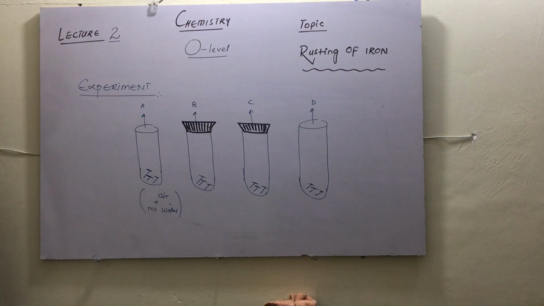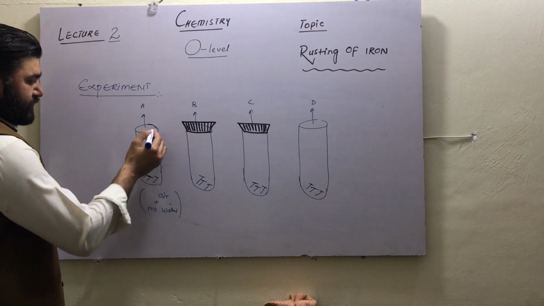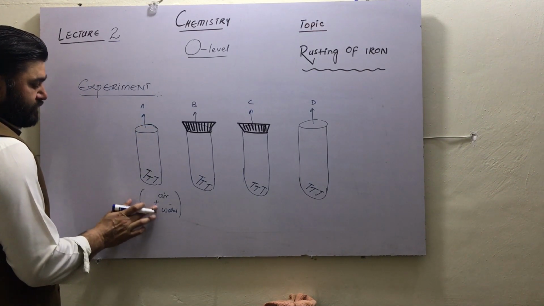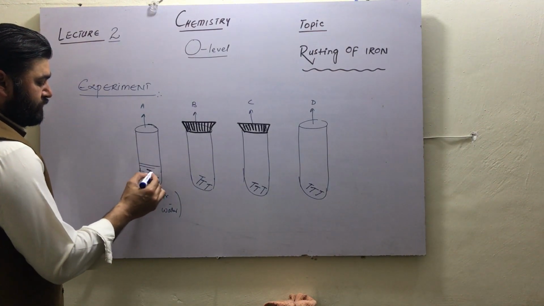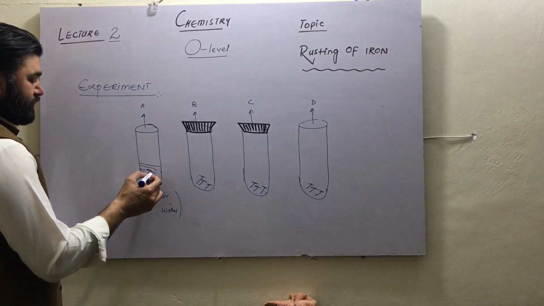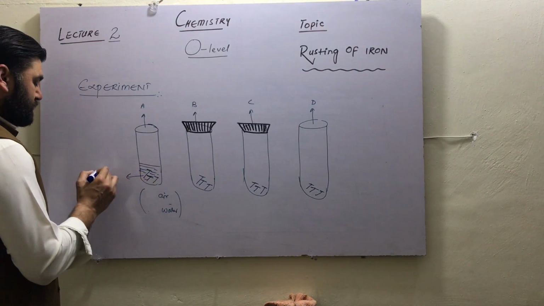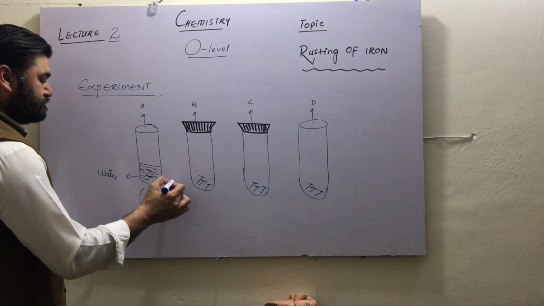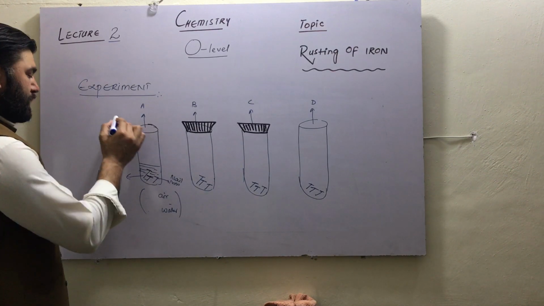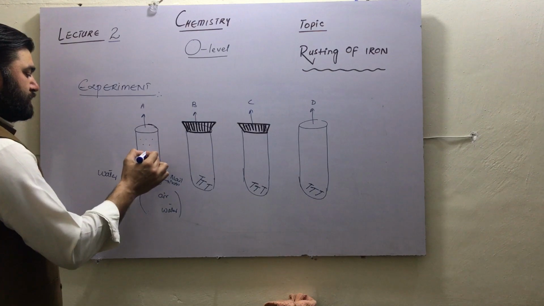Now as you can see from the diagram, air and water is present. Suppose this is water, these are iron nails. Air is also present over here.